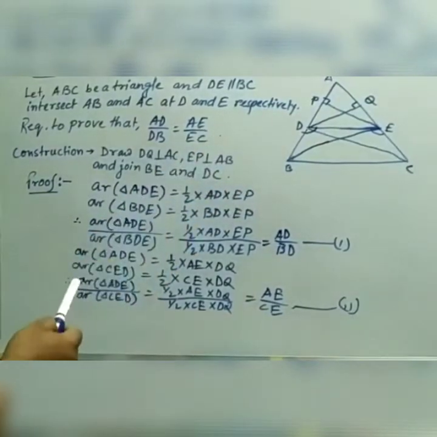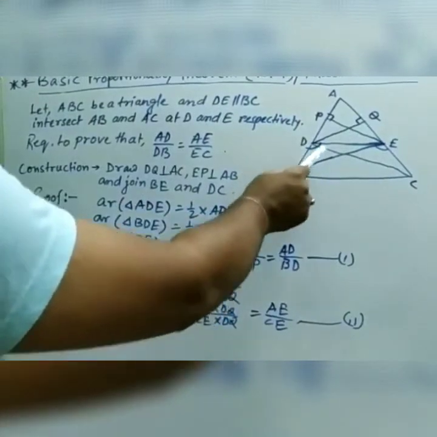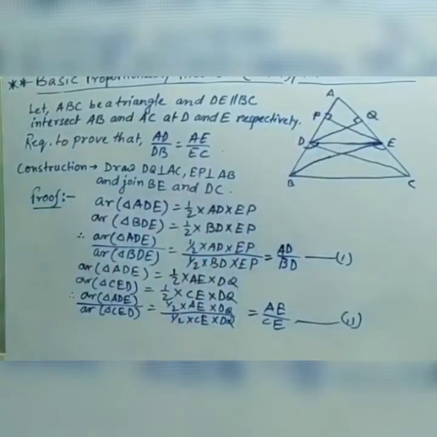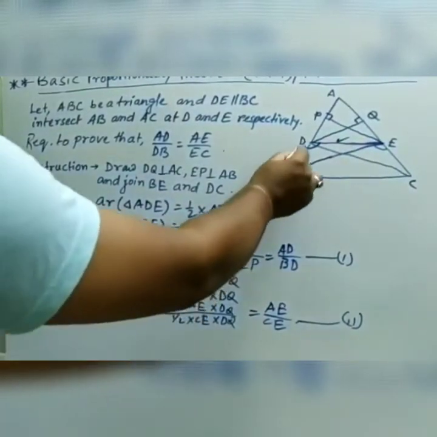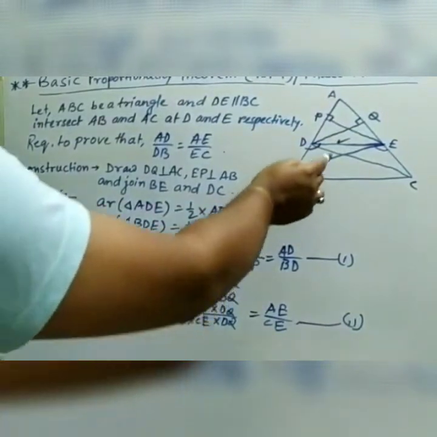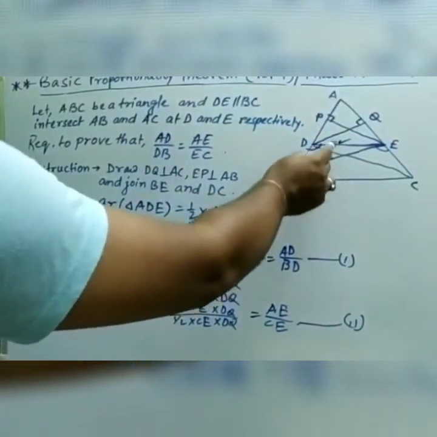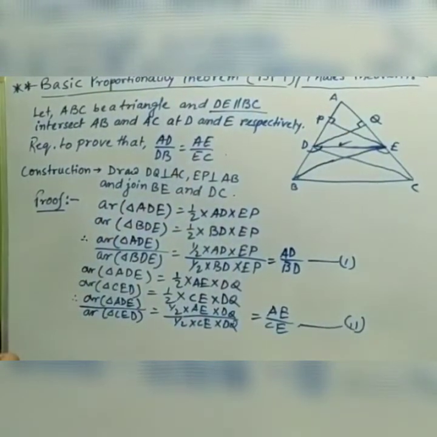You can see from the figure that triangle BDE and triangle CED are on the same base DE. DE is the same base of both triangle BDE and triangle CDE, and they are between the two parallel lines DE and BC, because by the given condition it is written DE parallel BC.